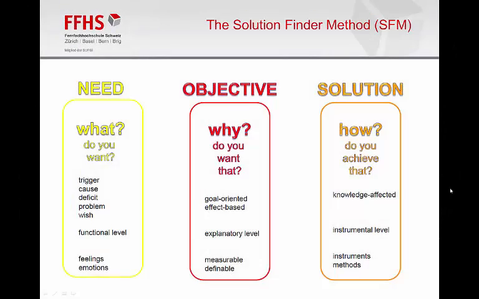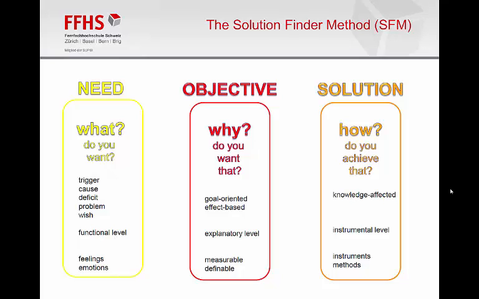So if you pick up an idea and want to apply the solution finder method, you don't know at the beginning if your idea is a need, an objective, or a solution. But this table will help you to select which one is which one. So needs most of the times are problems or wishes or deficits.